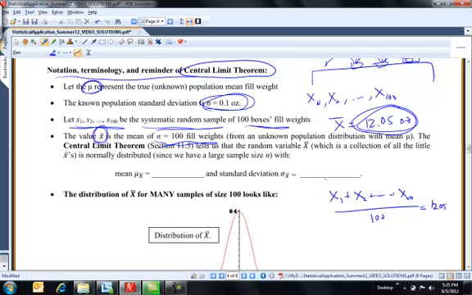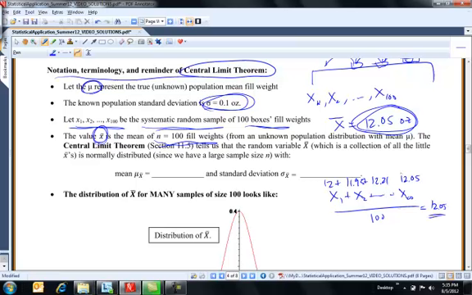One of them could have been 12, one could have been 11.95, one could have been 12.21, one could have been 12.05. There's just a bunch of values from that distribution, just like we did with the normal. I'm summing them all up, dividing by 100, and I got 12.05.